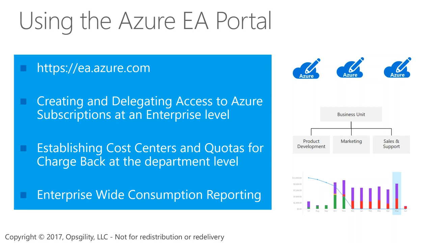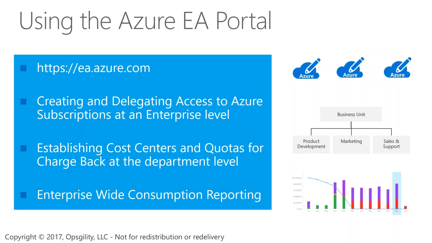and the EA portal really helps us to manage that. The EA portal enables us to define a structure within the portal for our business units. They're called departments within the EA portal. And we can really build out a hierarchy of departments that matches the organization. And subscriptions can be created within those departments.